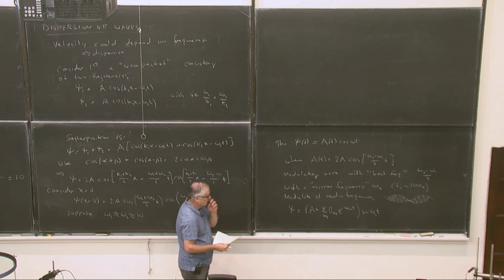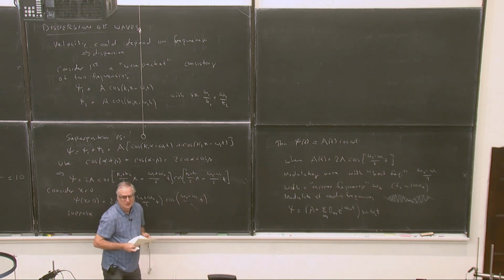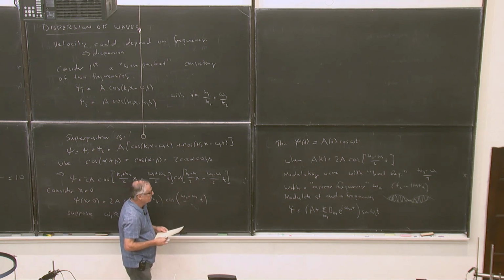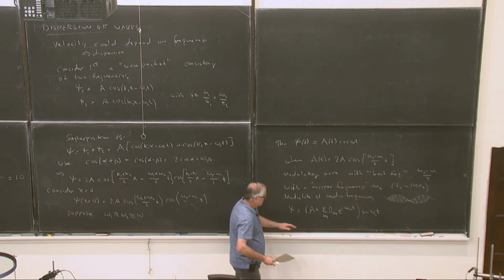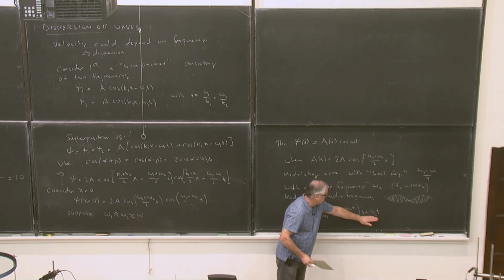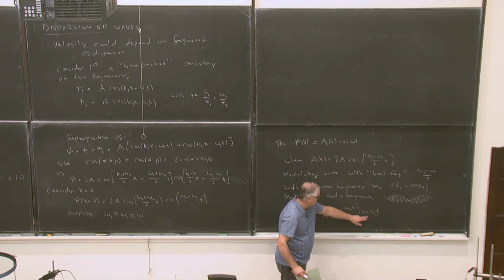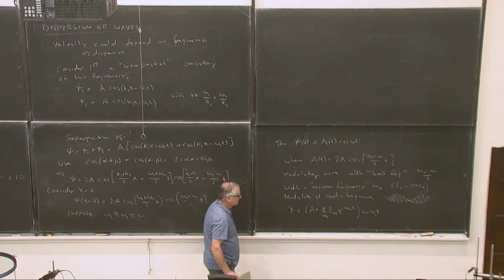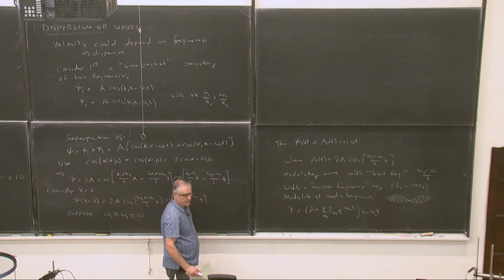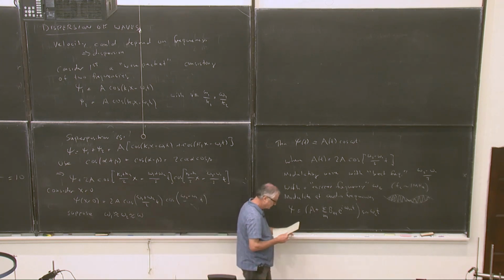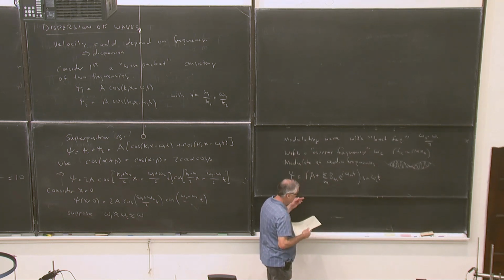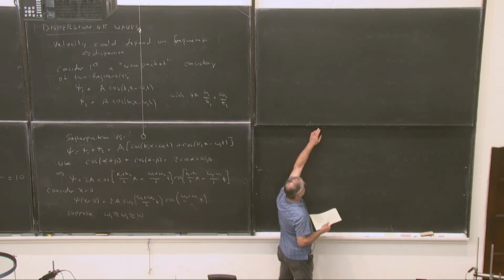I could have written cosine omega c t too. It's just a wave. So this would be our modulation of our carrier frequency, where these are audio frequencies, and this is the AM frequency of a megahertz or so.